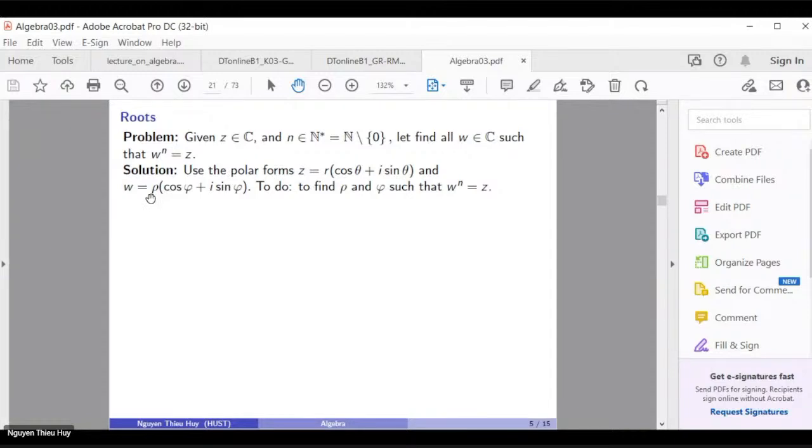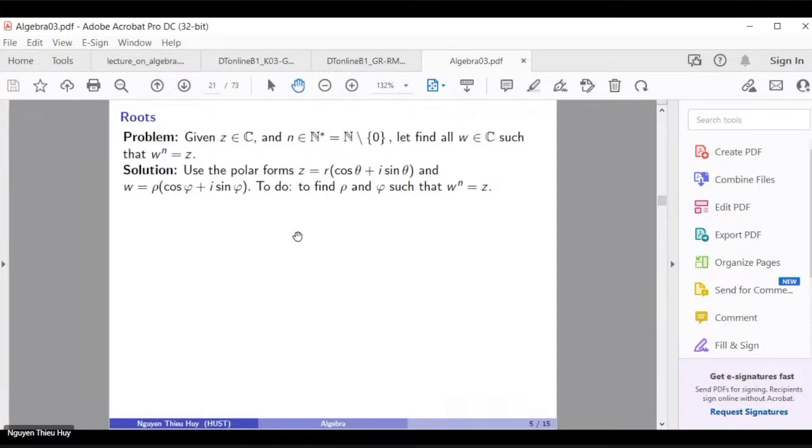Of course, z is given, so we can compute r and theta directly. But now we also write w in polar form. Suppose it has the form rho times cos phi plus i sine phi. And what we have to do is find this rho and this phi, such that w to the n equals z.